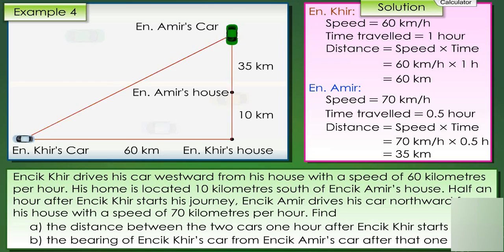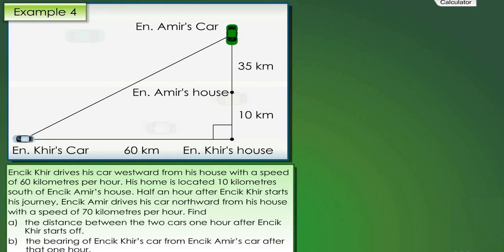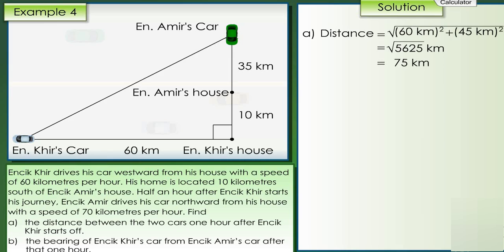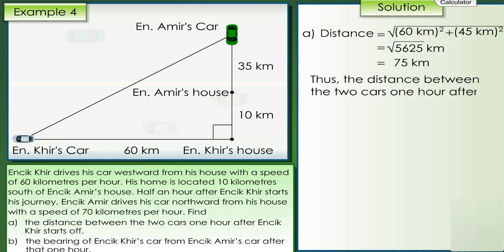Notice that the shape that we have drawn is a right-angled triangle. Hence, we can use Pythagoras' theorem to find this length. The square root of 60 kilometers squared plus 45 kilometers squared is equal to 75 kilometers. Thus, the distance between the two cars 1 hour after Eunchik Khair starts off is 75 kilometers.